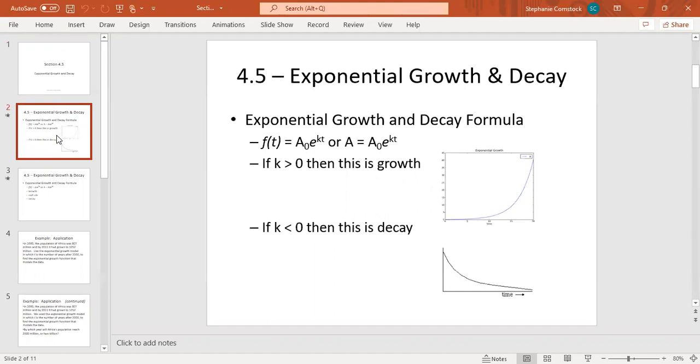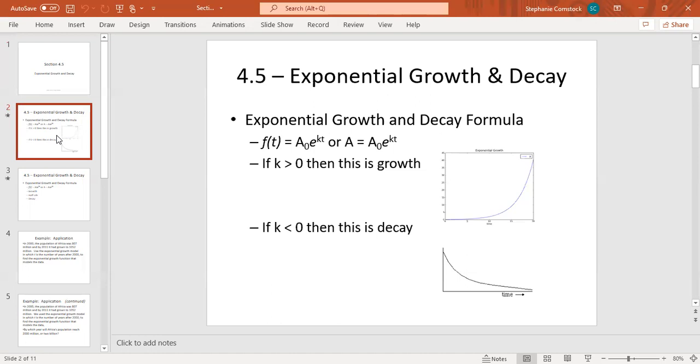Now, what's really nice about this format for exponential functions is that it is very clear to us whether or not it is growth or decay, whether it's increasing or decreasing based on the value of k. If k is positive, any sort of positive, small, large, whatever, then that is an indication that this is growth. Now, the larger the value of k is, the quicker it's growing.